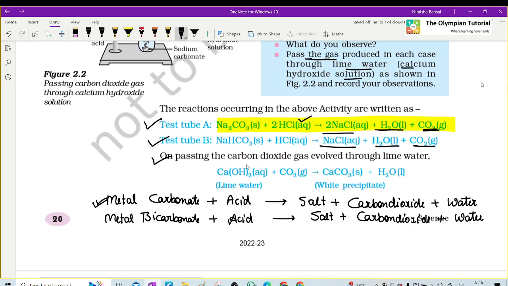On passing carbon dioxide gas evolved through the lime water, calcium hydroxide, lime water, aqueous, reacts with carbon dioxide gas to give calcium carbonate, solid, a white precipitate, and H2O, liquid. Due to this substance, lime water becomes milky.